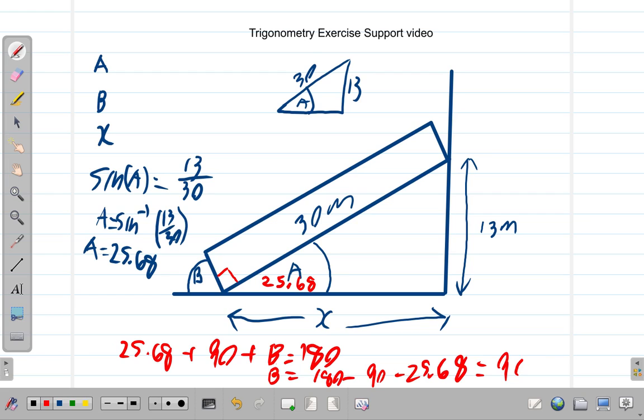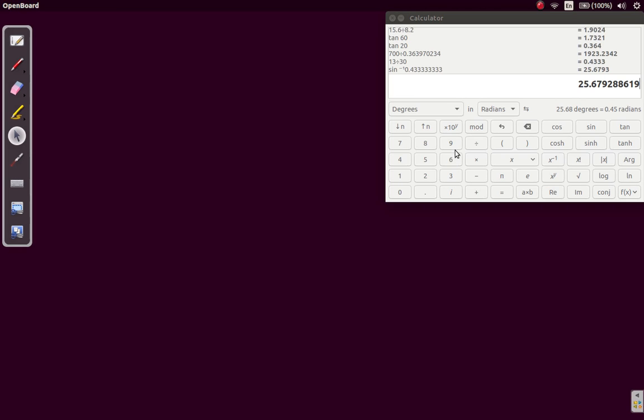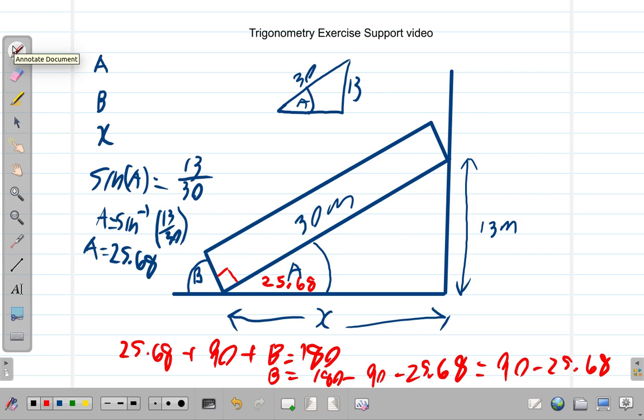This amounts to 90 minus 25.68, because 180 minus 90 is 90. So 90 minus 25.68 equals 64.32. Alright, write it over here: B is 64.32 while A is 25.68 degrees. Good.